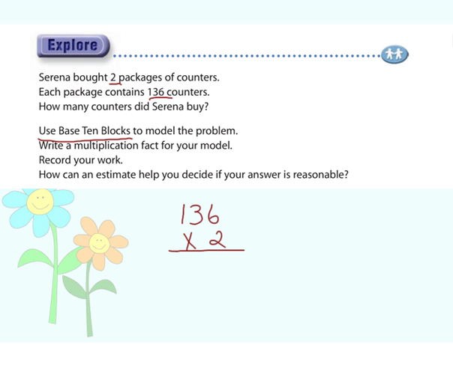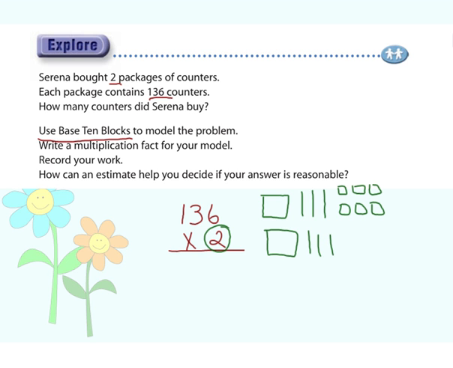So with base 10, it would look like this: 100, 3 10s, and then 6 1s. And how many of them do you need? You need 2. So 100, 3 10s, 6 1s.